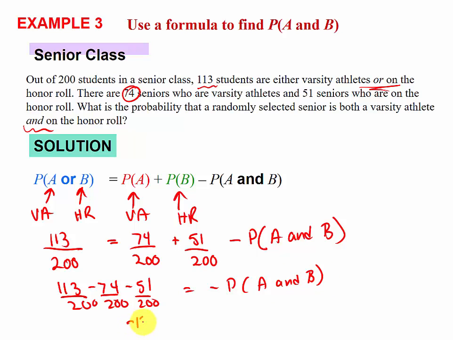So we get negative 12 over 200, which is negative the probability of A and B. And the negatives on each side cancel, so we get 0.06.